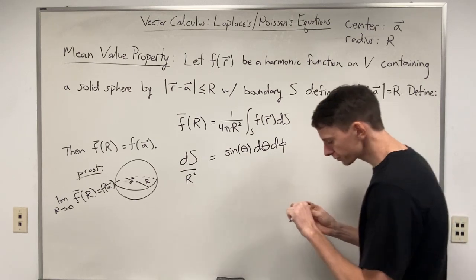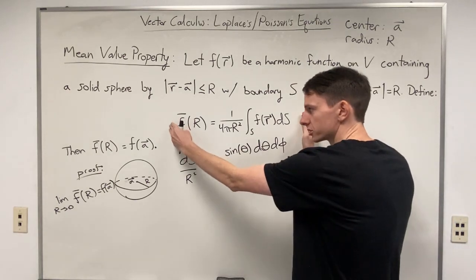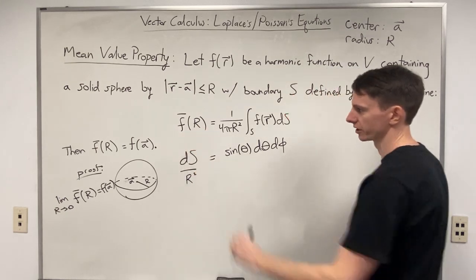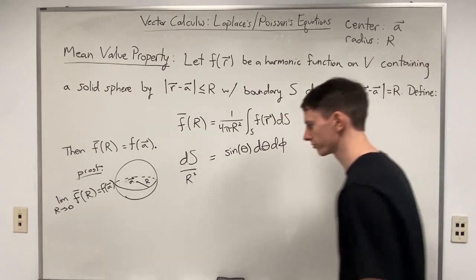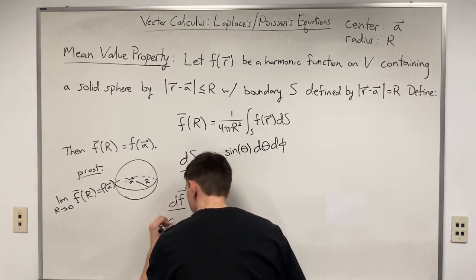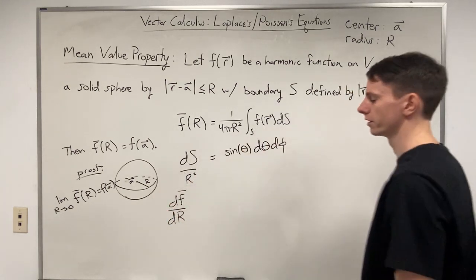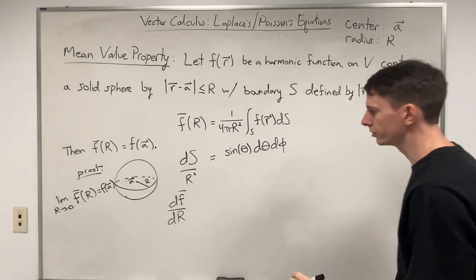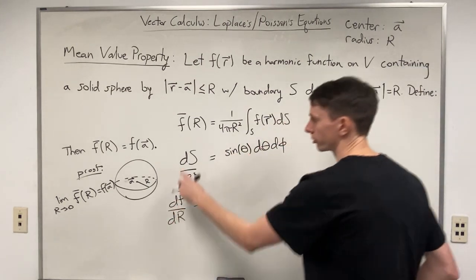So what we're going to do now is take this definition for the average value of the harmonic function at the boundary. We're going to differentiate it with respect to r. And specifically, I'm referring to the radius of the sphere. Okay. Now, we're going to differentiate the left-hand side.